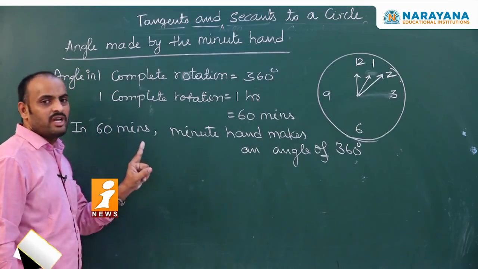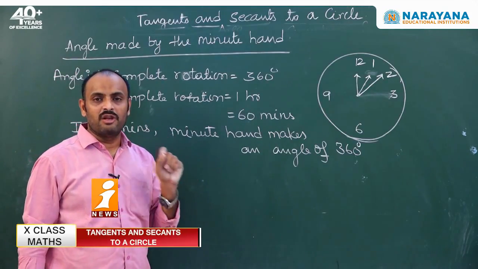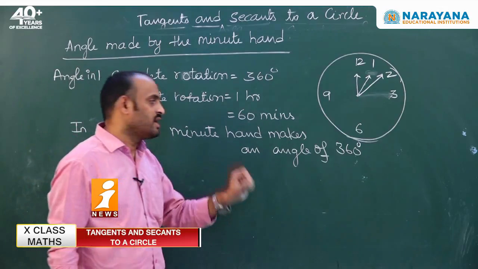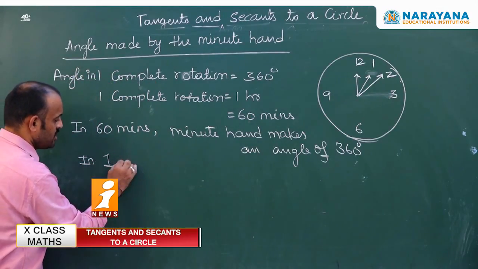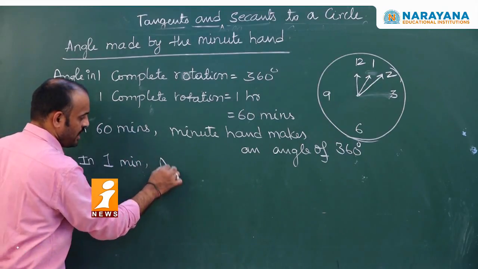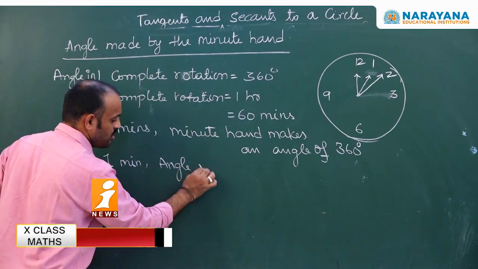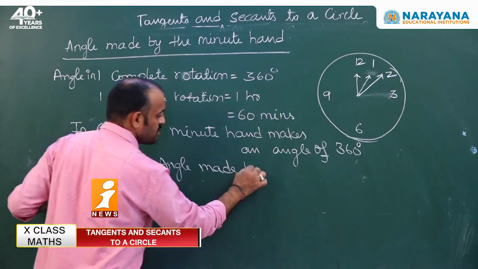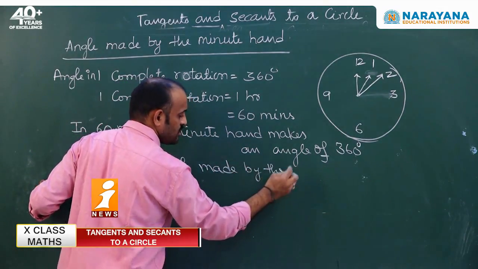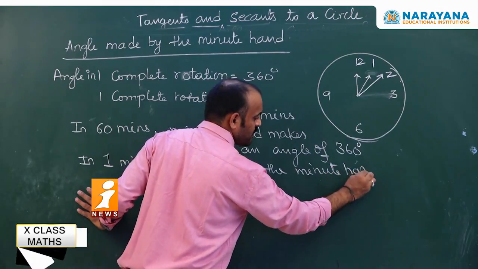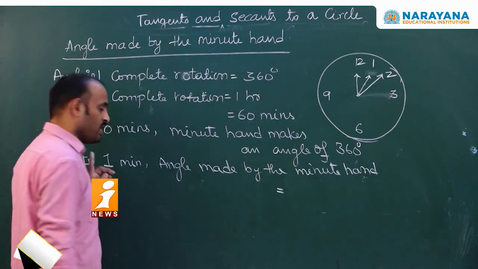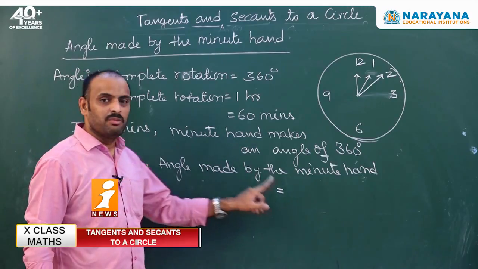Then in 1 minute, how much angle will be made by the minute hand?